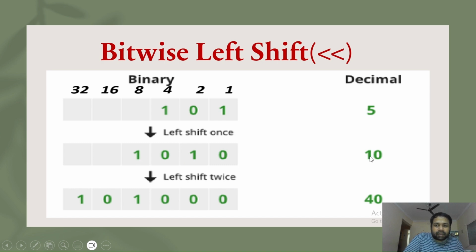So this will become 20. So this will come here, this will come here, and it will be 20. Directly one more time we have done for 10. Simple to remember: for every left shift operation the value gets doubled.